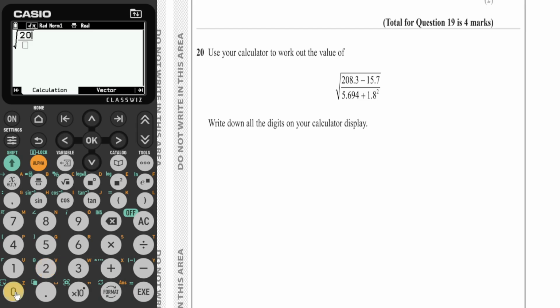We've got 208.3 subtract 15.7 over 5.694 plus 1.8 squared. And if we work out what this is, we have 4.643069317.